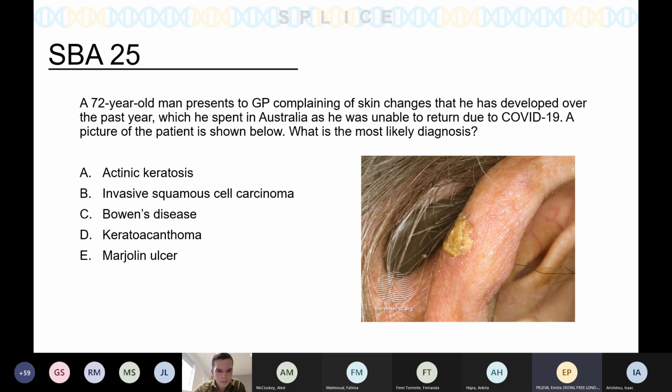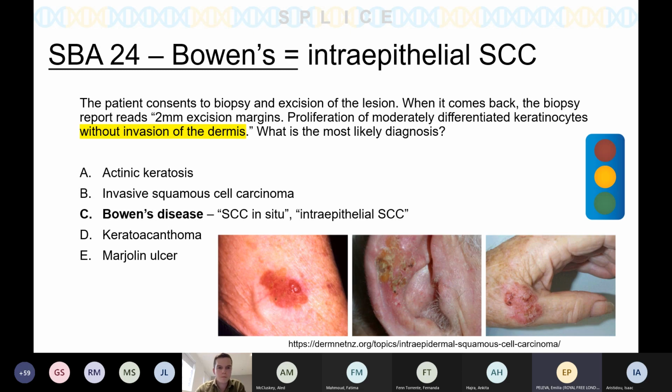That's a good question as well. We think of it as a spectrum. You start with actinic keratoses. If it gets deeper, it's Bowen's. Remember your layers of the skin: the epidermis, then the basement membrane, and below that is your dermis.